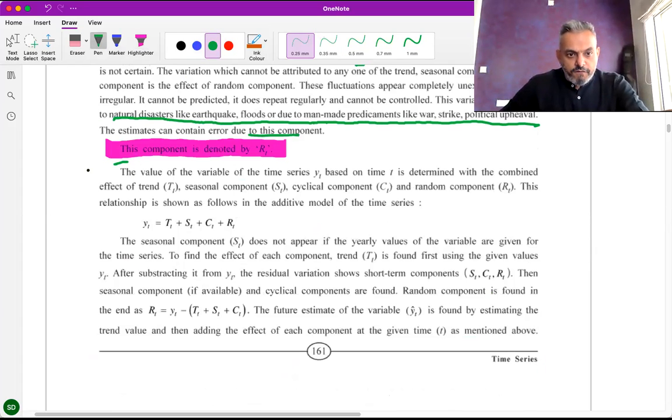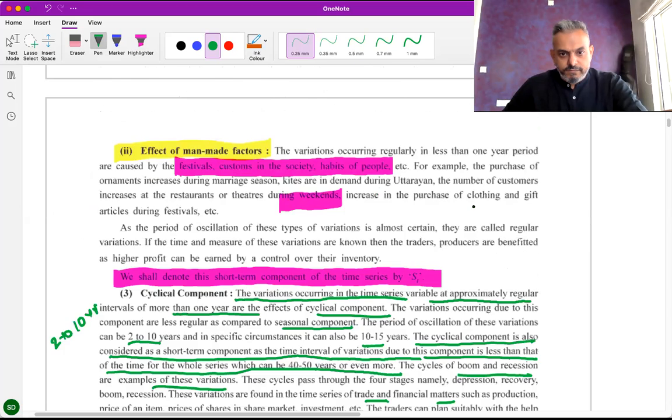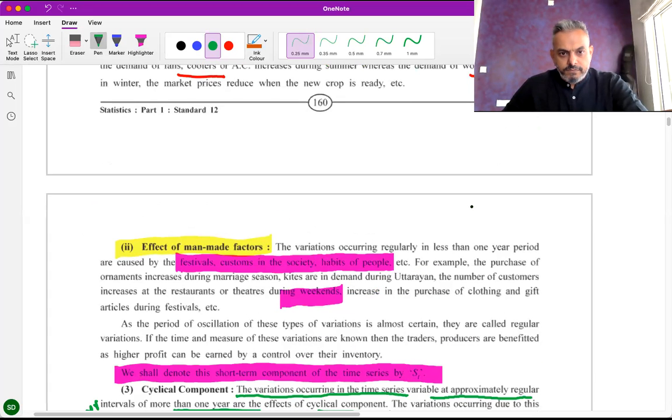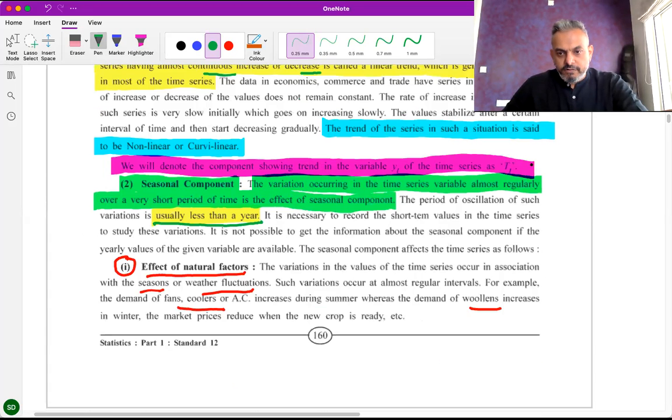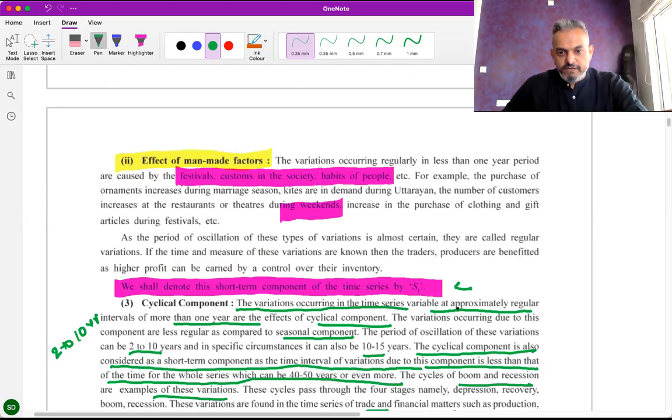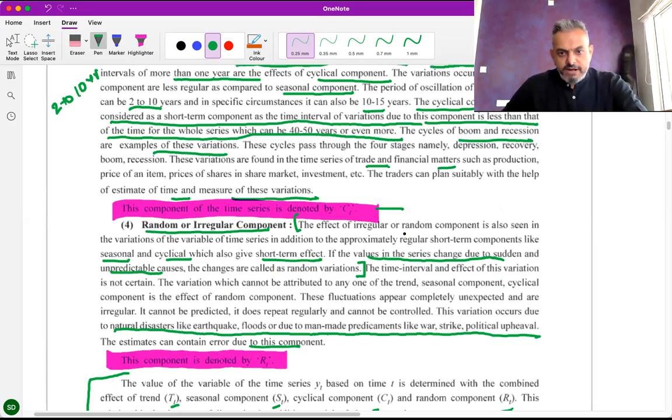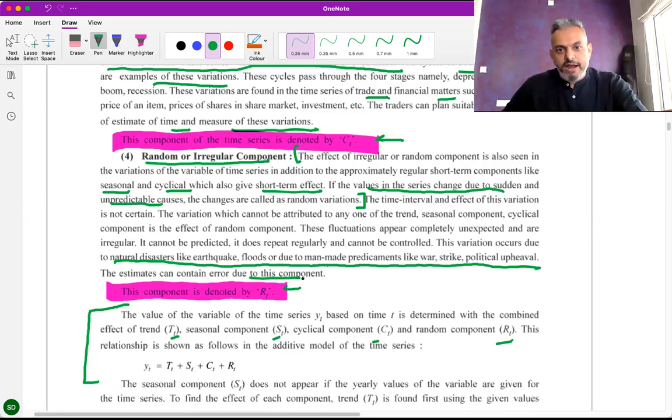The value of the variable of time series Y based on time T is determined with the combined effect of trend, seasonal, cyclical, and random. So this long term, then this seasonal, then this cyclical, and then this random.